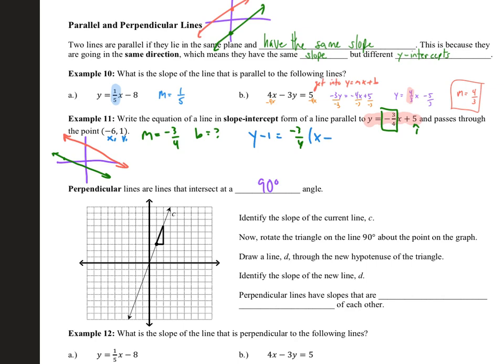So minus negative 6 would be plus 6. I'm going to distribute. So that would give me y minus 1 equals negative 3/4 x. Negative 3/4 times 6 is 18/4, which is 9/2, which is 4.5.